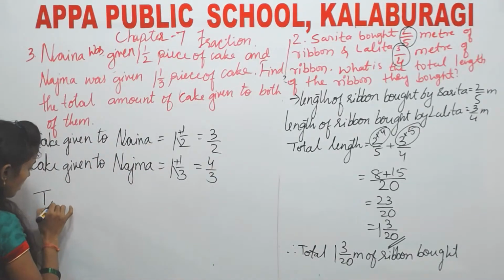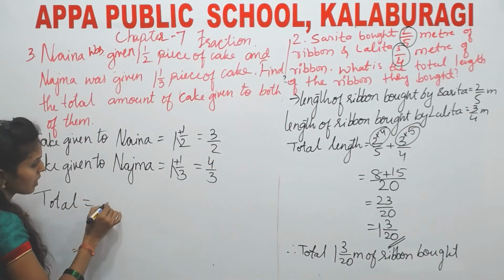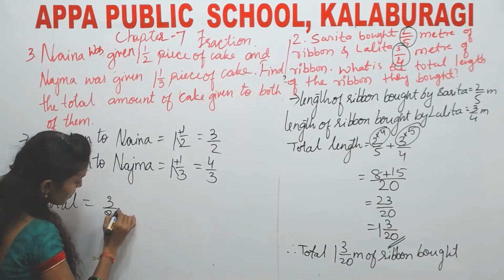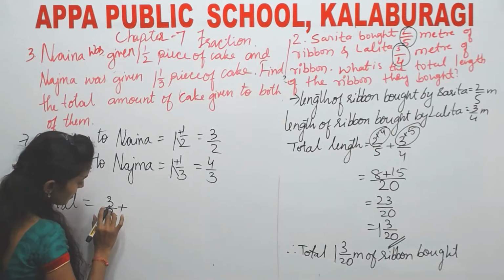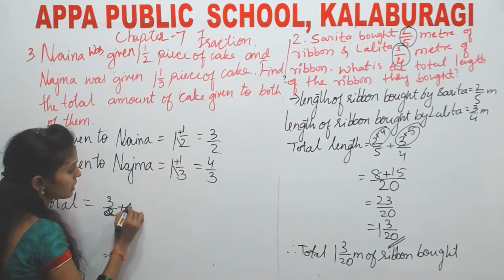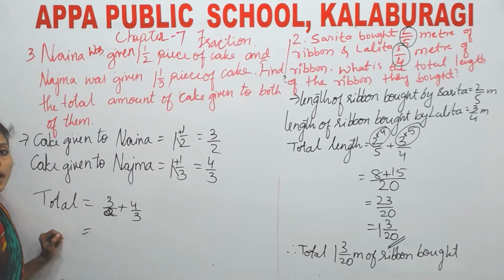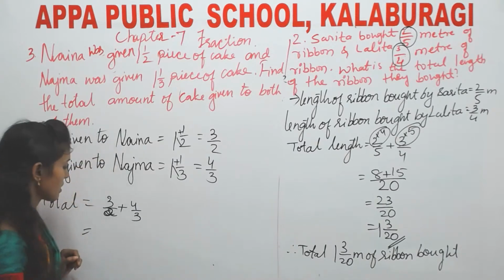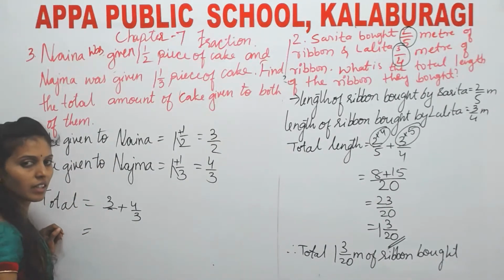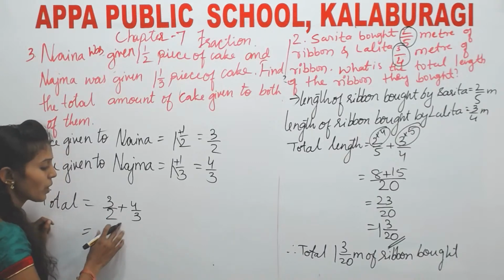Then total 3 by 2 plus 4 by 3. Now 2 and 3 denominators are co-prime, isn't it? See, it is confusing, not one, right. 2 and 3 are co-prime.